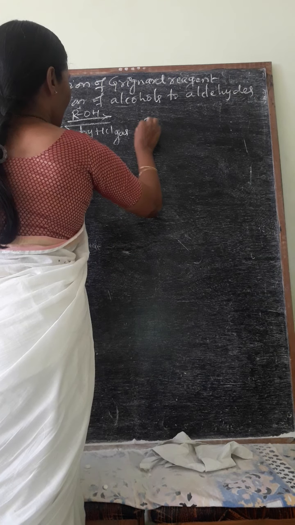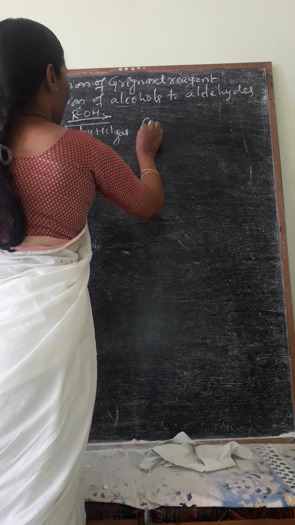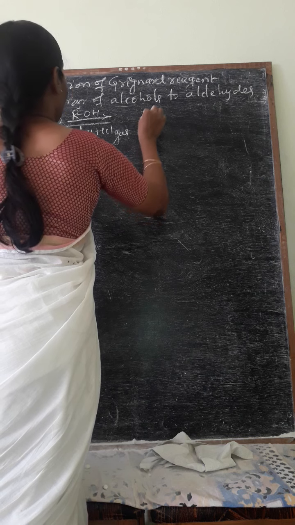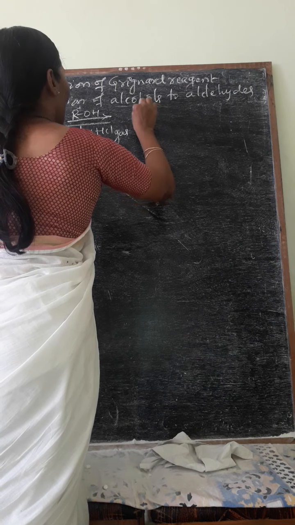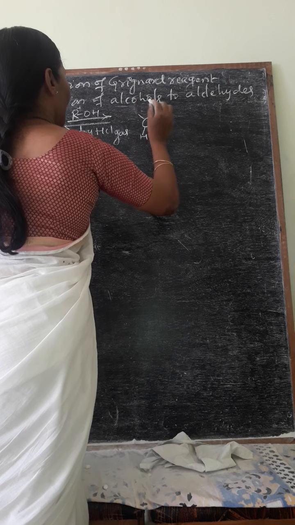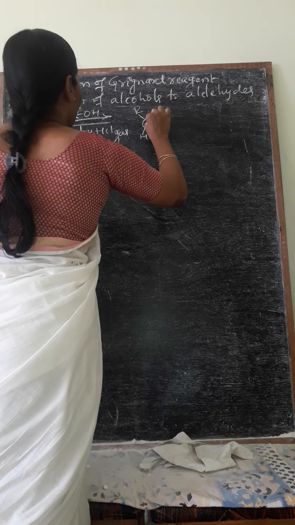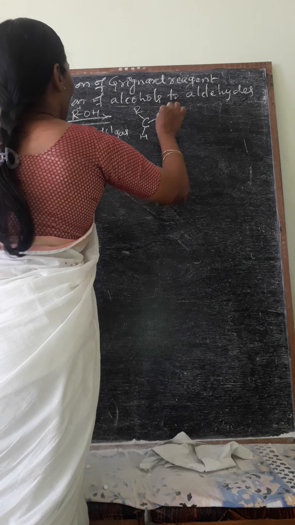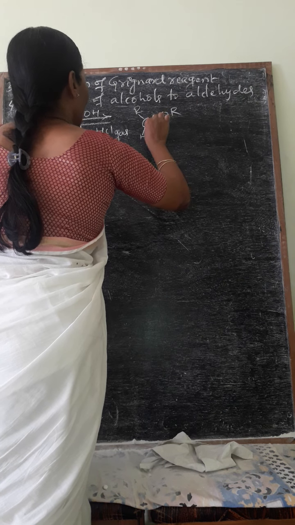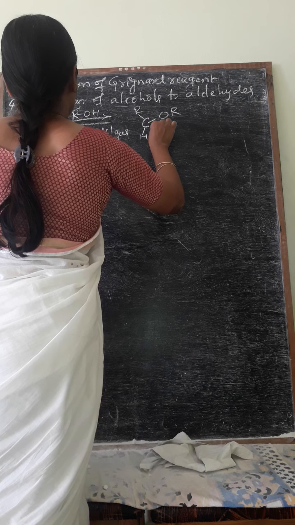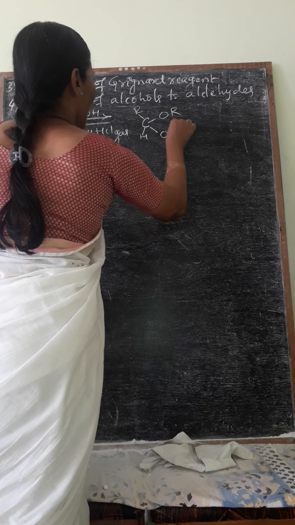It becomes C, H as it is, and this R as it is, or simply you can take R, remaining is OR and carbon is plus, therefore it is OH.